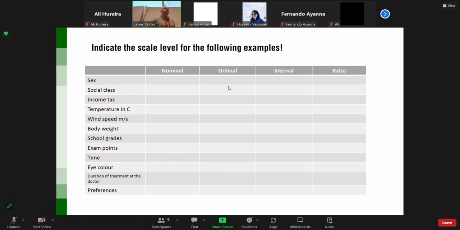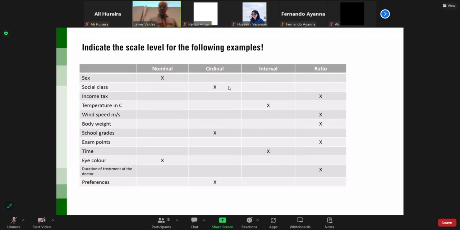And that means that A is better than B. Then ordinal. Yeah. Because we cannot set what is the difference, or what is the distance between one and the other. Yes? Okay. So we have it.